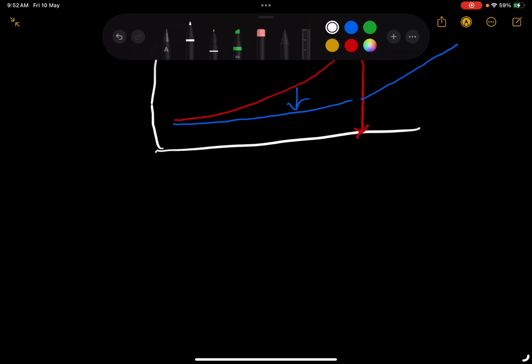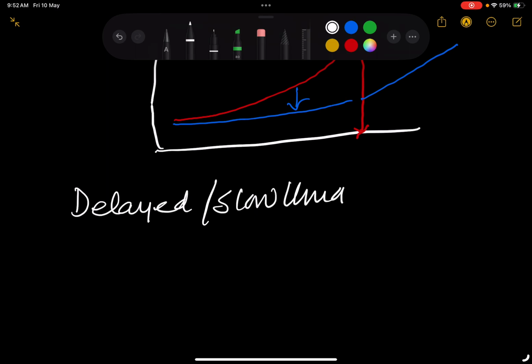So, what can we do to deal with delayed or slow union? So one is electrical measurement, but previously people used to do osteomedullography. They used to inject a dye in the distal medulla, and if that dye passed into the proximal medulla, that means that union would occur.